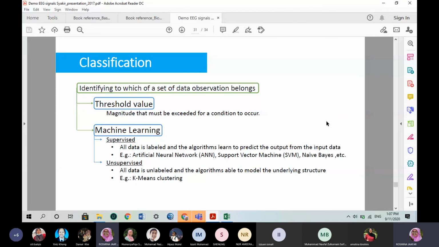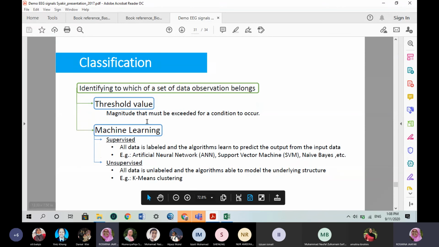Then classification is done for identifying which of a set of categories a data observation belongs to, based on the threshold value, the magnitude that must be exceeded for a condition to occur. If you do machine learning, you need to have supervised and unsupervised learning.